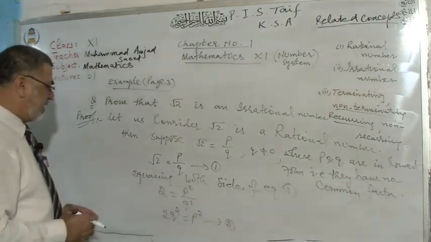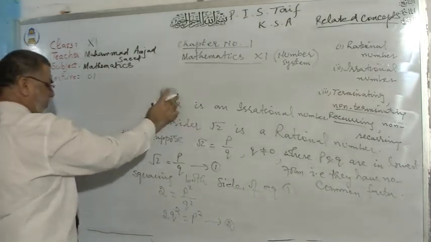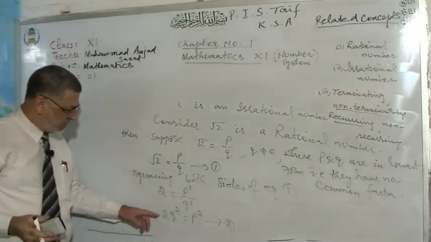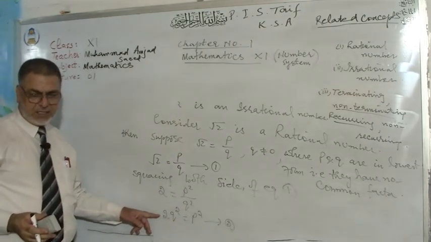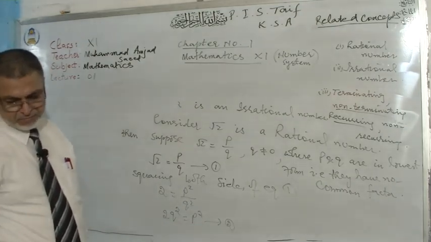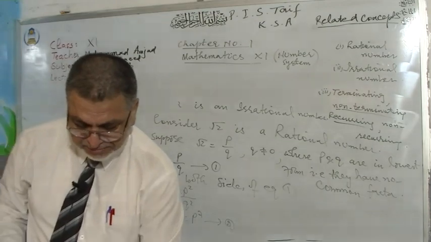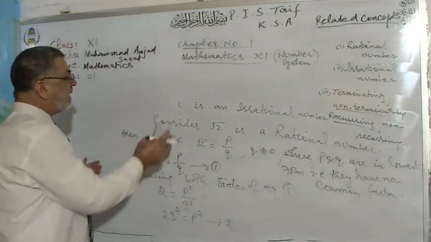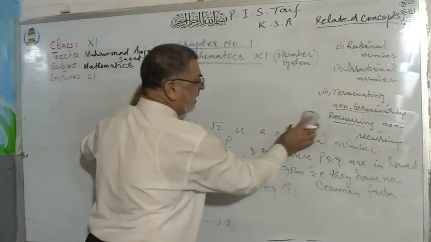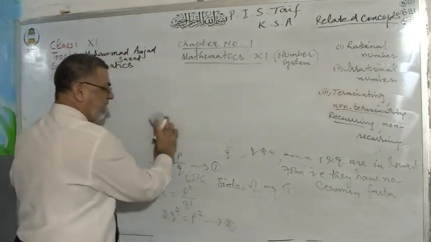From equation number 2, we can see 2 is a factor of the left hand side. So the right hand side must have the factor 2, otherwise this equation cannot be equal.